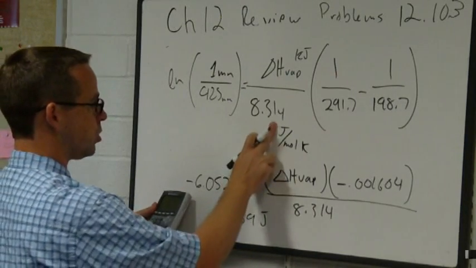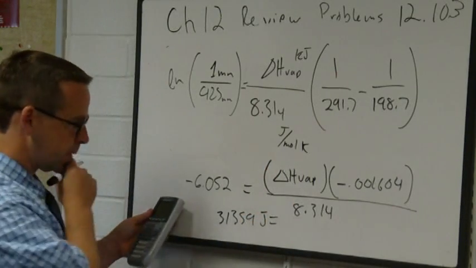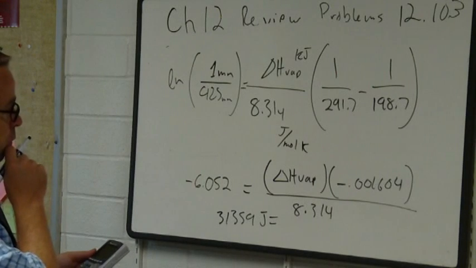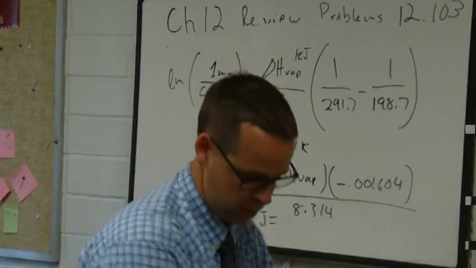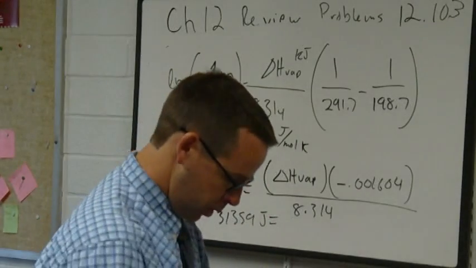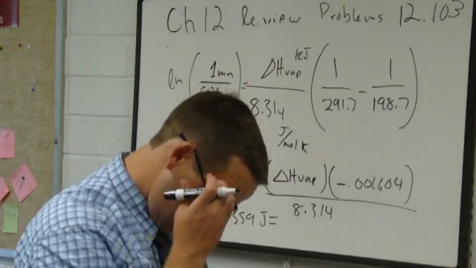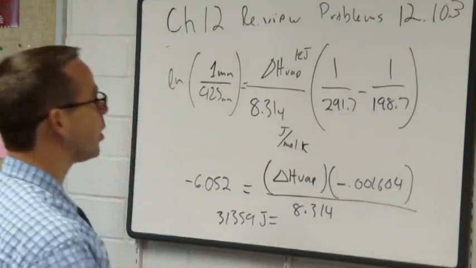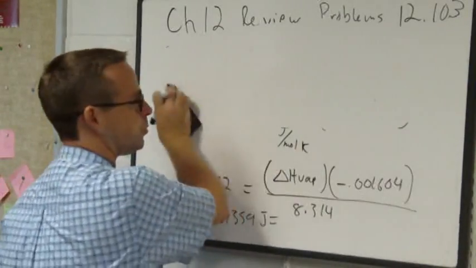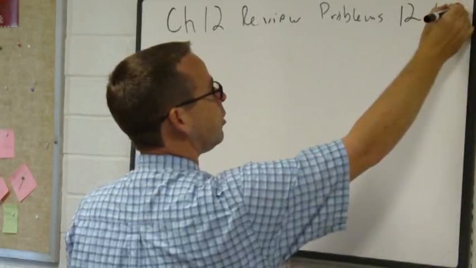Oh, this isn't in kilojoules, sorry, this is in joules, so joules per mole. So, let's see if we're right. What number are we? 12.103? 31,400 joules per mole. Okay. 12.105.